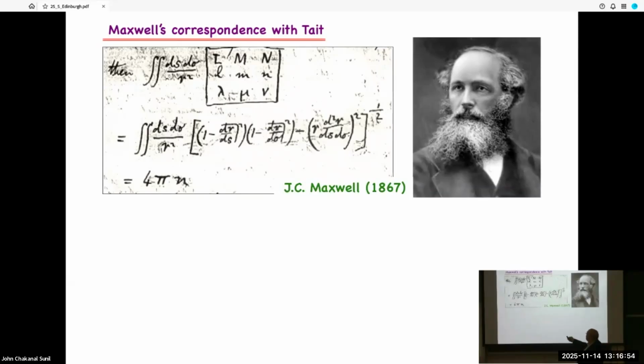And this is the way he writes the double integration that you saw in Gauss's linking formula. And of course, there is an area here. There is a 4 pi. But if you bring the 4 pi to the other side, there's a 4 pi r squared. And you have a ratio of areas: the area of what we could now call the Gauss sphere, and the contribution ds d sigma of the intersecting regions of the 2 lines.